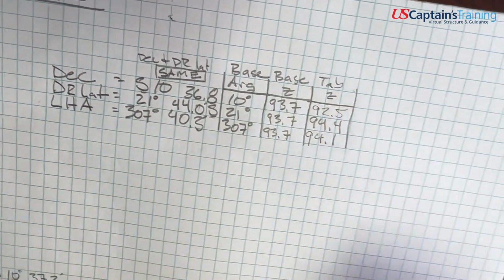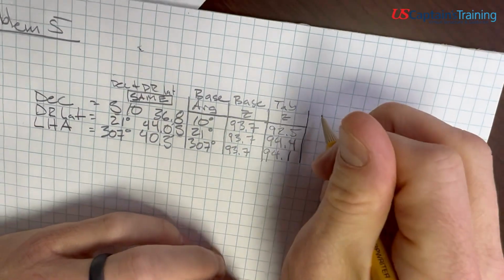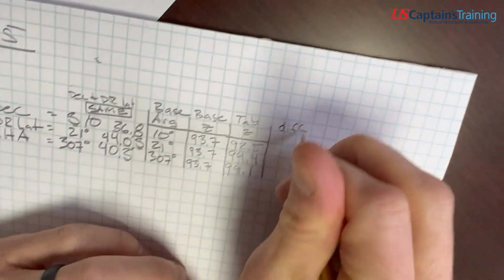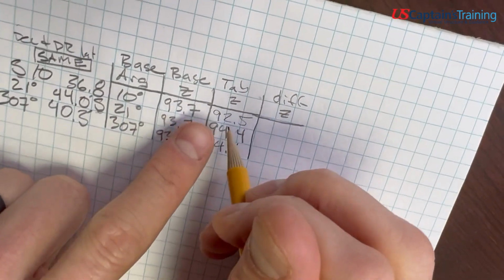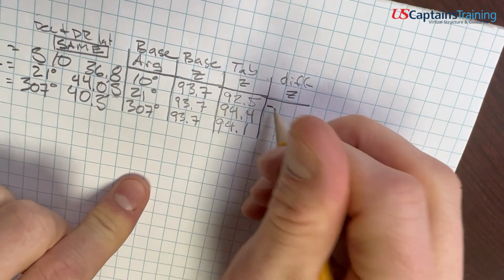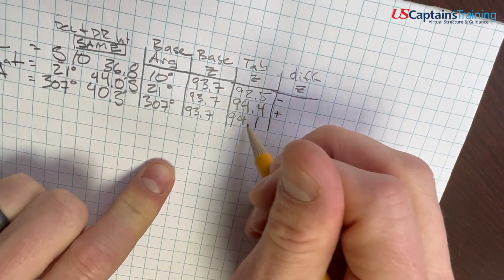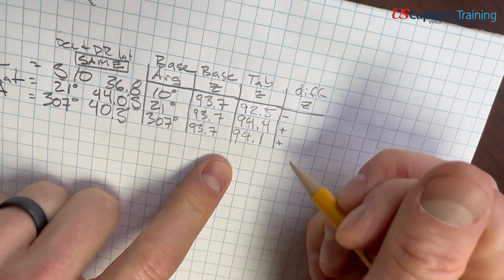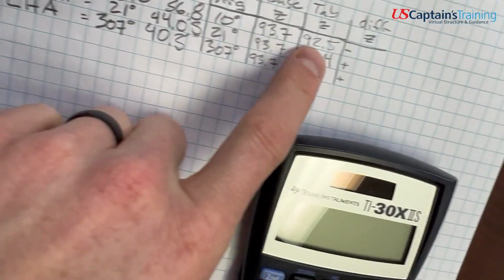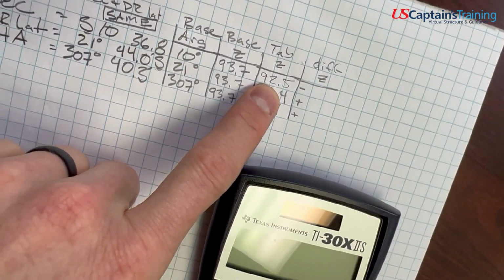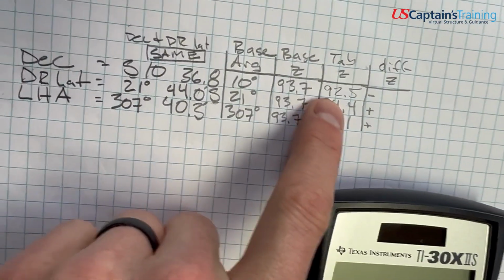Okay, so now we figure out the difference between these, the difference in Z, which this is less than this one, so it's going to be subtracted. This one's more. I like to figure out the signs before I start doing the math so I can keep everything straight. But if you type this number into your calculator first and subtract this, you'll get the right sign.